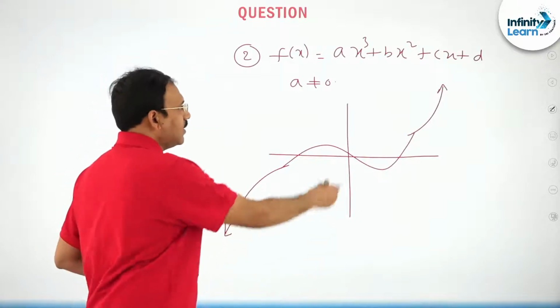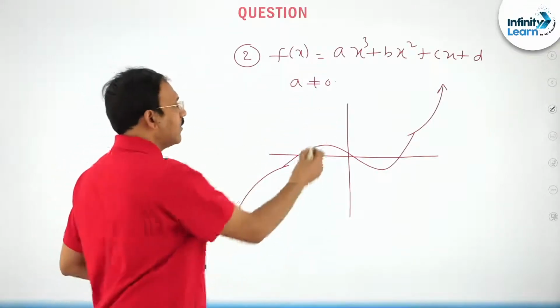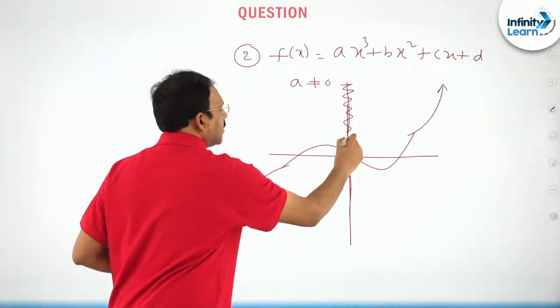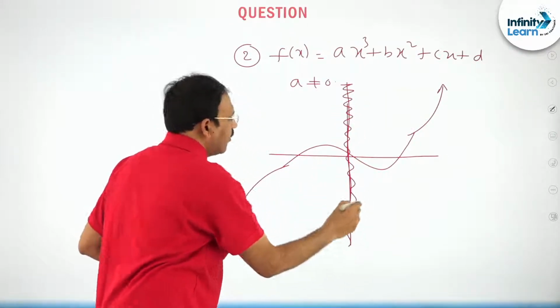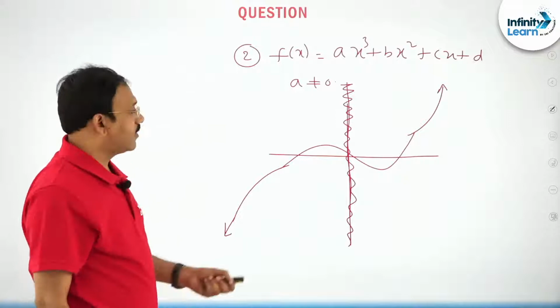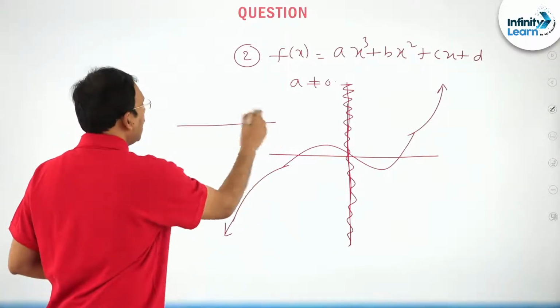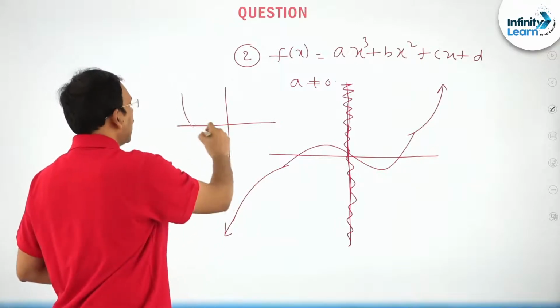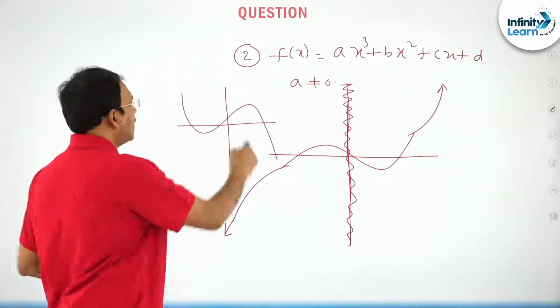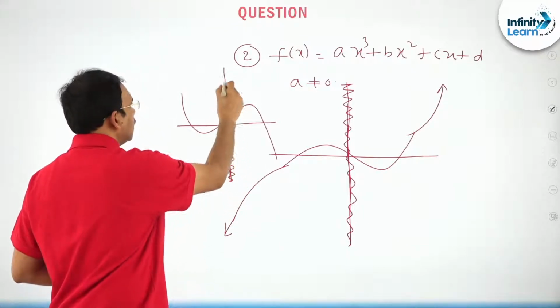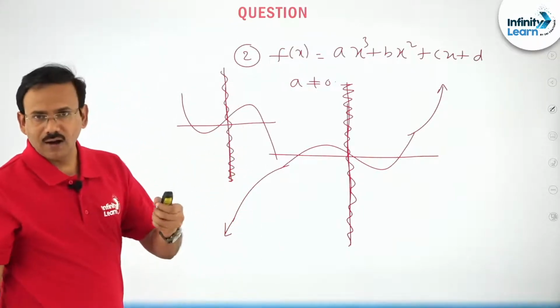So you see, with this, what are the values that are covered on the y-axis? Can you guess? You just observe the curve, every value on the y-axis is covered. So we can say the range is R. If a is negative, the curve may be like this, but still all real values on the y-axis are covered. So the range is going to be R.